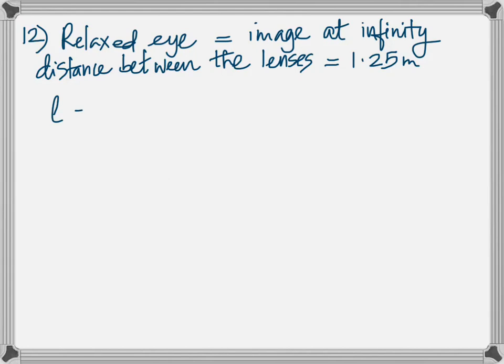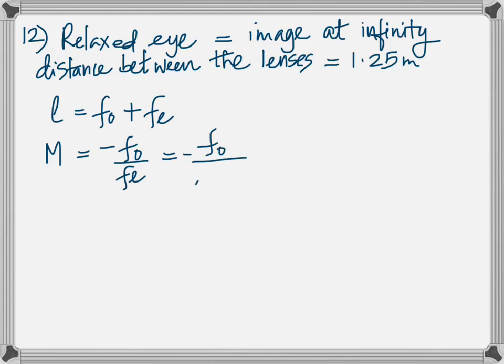So the distance between the lenses, 1.25 meter as given, which is equal to FO plus FE, and magnification is negative FO by FE.